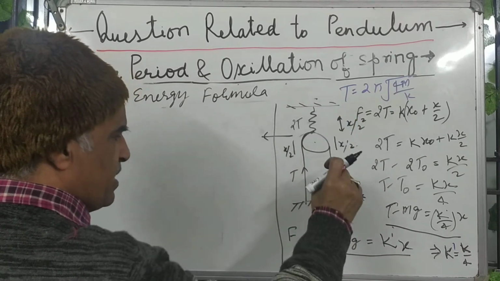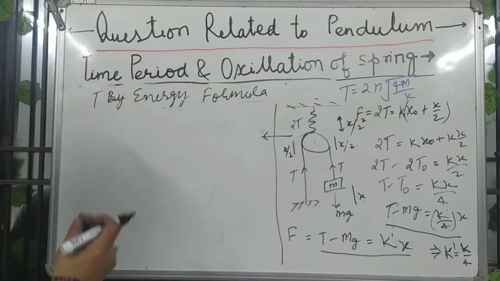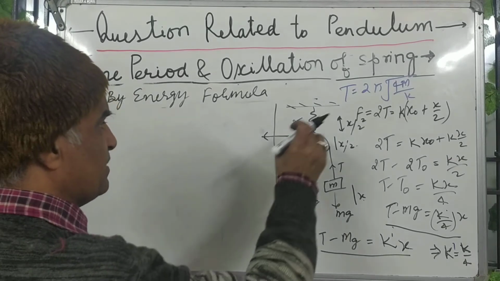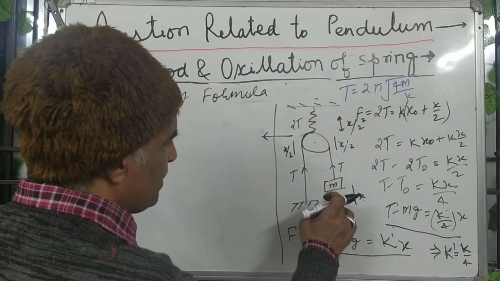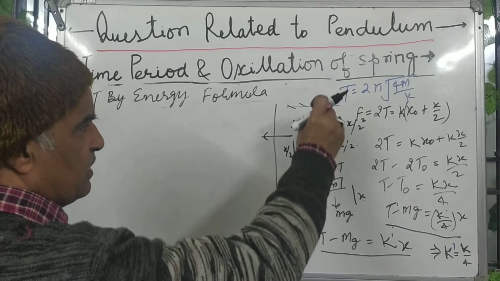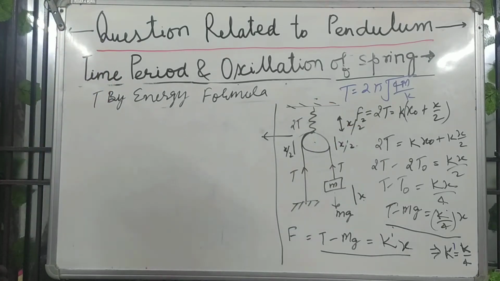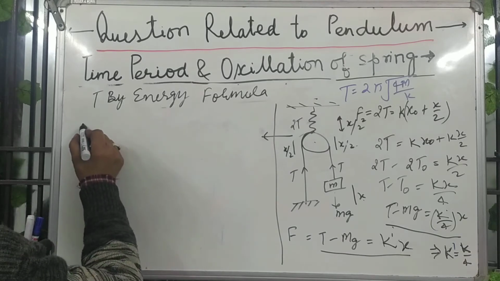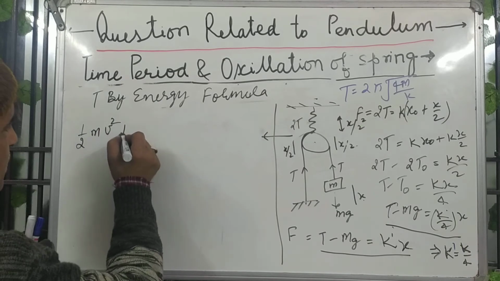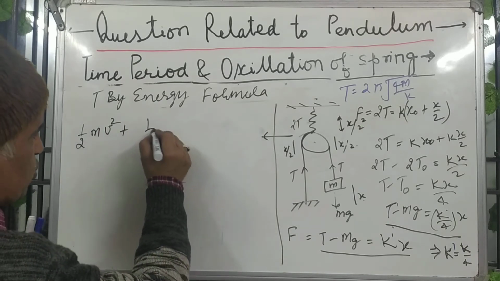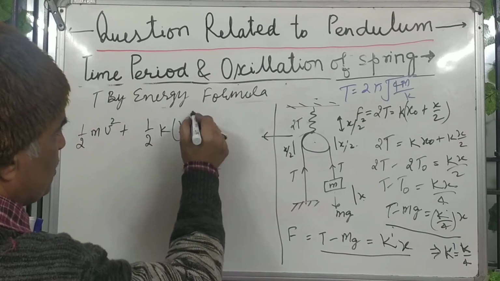Let the mass come down by x; the energy increases in the potential energy of the spring plus the kinetic energy of the mass m. So by conservation of energy: half mv square plus the energy stored, half k into x by 2 whole square.